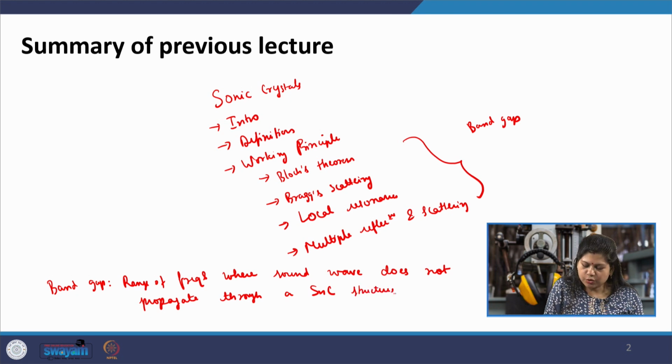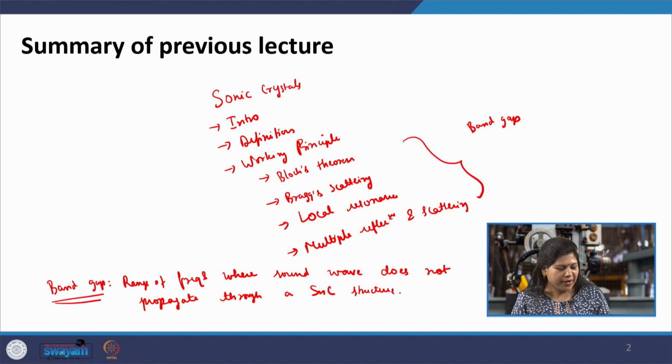So, these are those frequency bands where wave propagation does not take place. Somehow the sound waves get attenuated and do not propagate through the structure. Because this knowledge will be required for today's lecture, I have defined this.